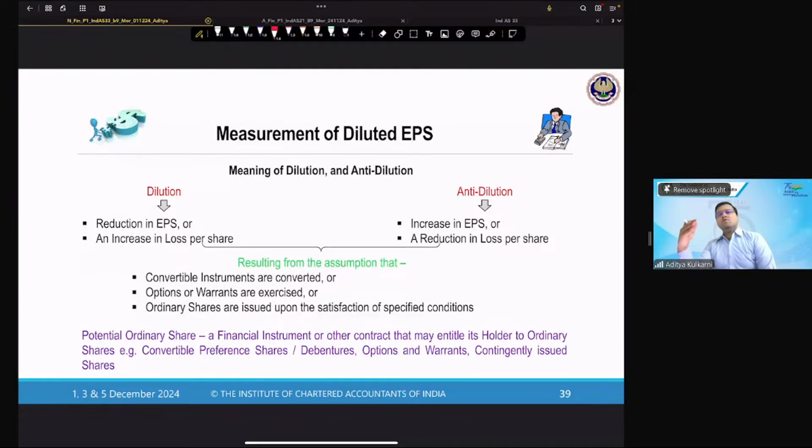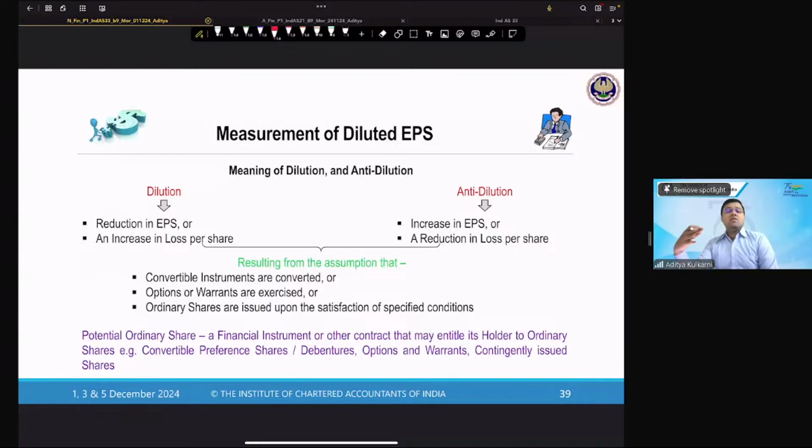Then we moved on to understanding certain special aspects like increasing rate preference shares. How do I do the treatment? After that, we saw the meaning of weighted average number of equity shares. We saw what it means to calculate the numerator, that is, net profit attributable to equity shareholders.